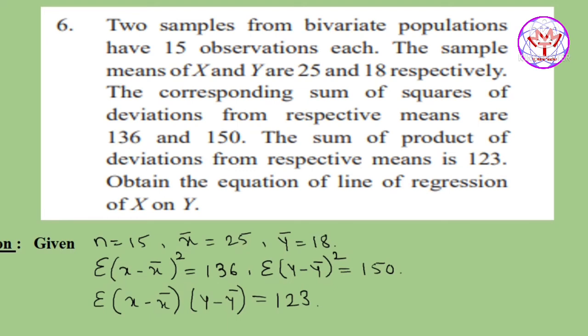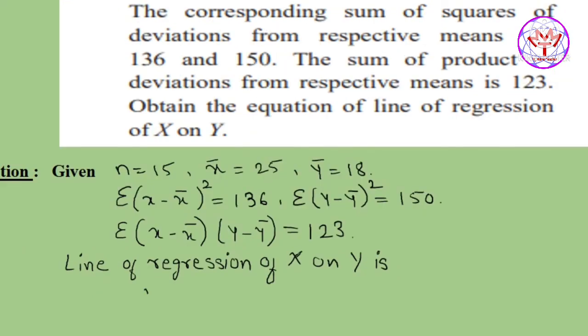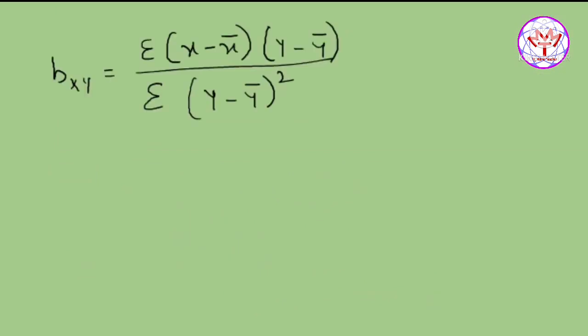We have to find the equation of line of regression of x on y. Correct? Now what is the line of regression of x on y? It is given by x is equal to a dash plus bxy into y. Let us number it as 1. So now we need to find the value of bxy and a dash. Right? So let's find out. Now we know that bxy is given as summation x minus x bar into y minus y bar upon summation y minus y bar the whole square.